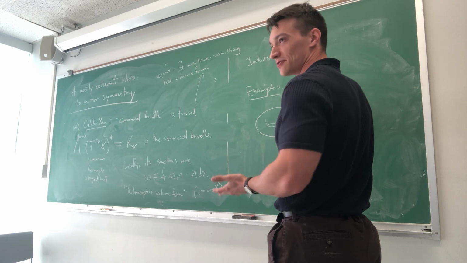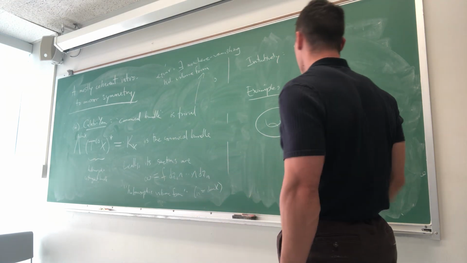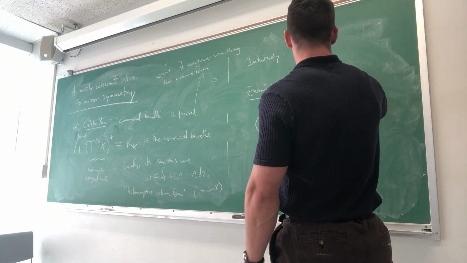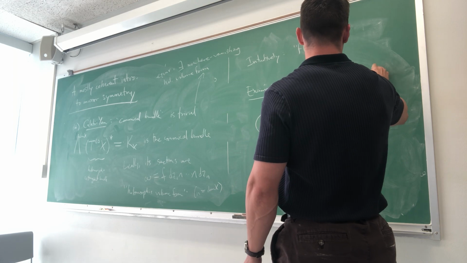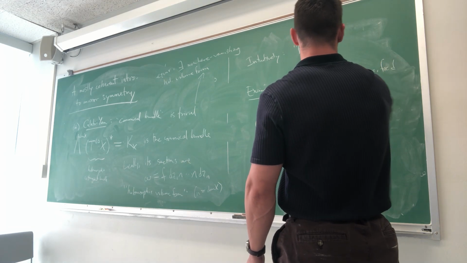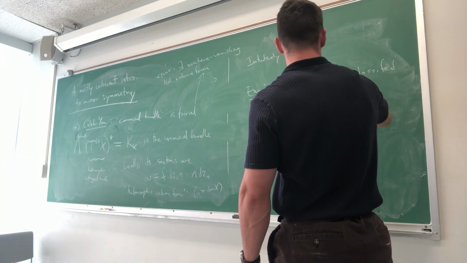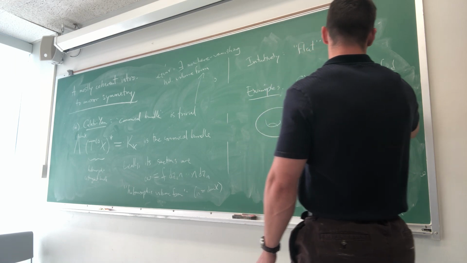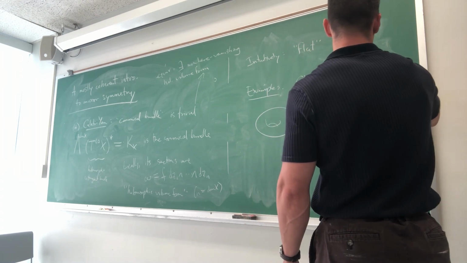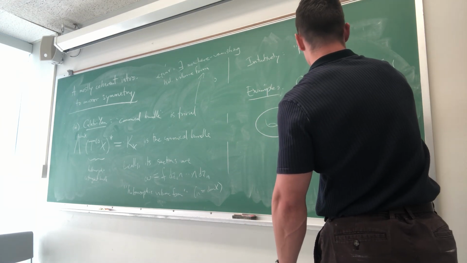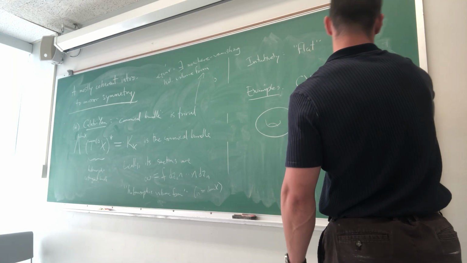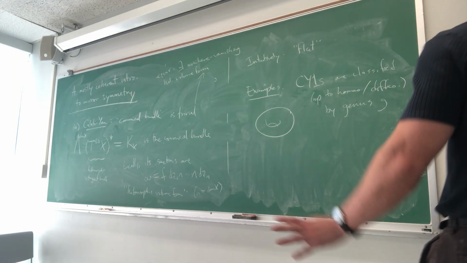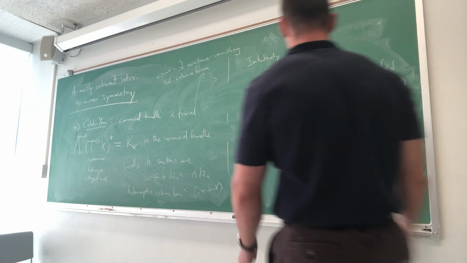These are Riemann surfaces, surfaces with a complex structure, and are classified, at least up to homeomorphism, also diffeomorphism, by the genus, the number of holes, or half the first Betti number.